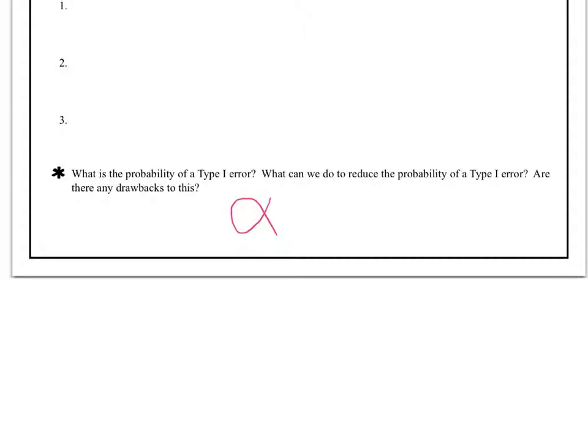So if you want to reduce the probability of a type 1 error, that just means you need to reduce your alpha level. But yes, there are drawbacks. Okay? The drawbacks to this are that, one, when you reduce your alpha level, you're more likely to have a type 2 error where you fail to reject when you should have rejected, because reducing my alpha level means I'm not going to reject as often.